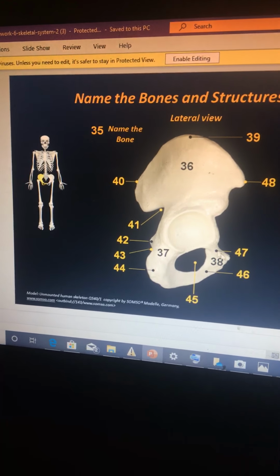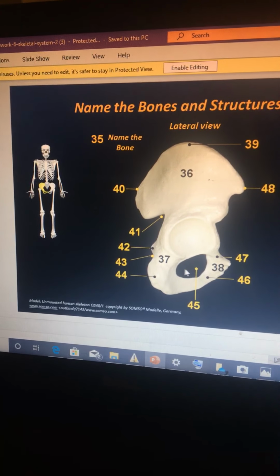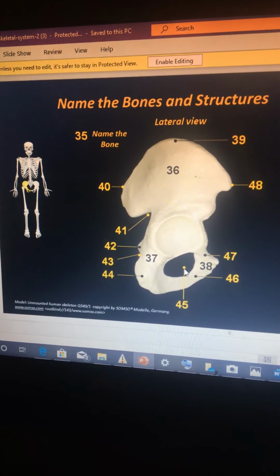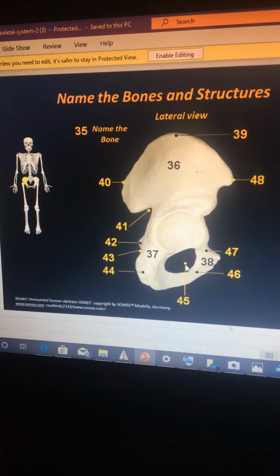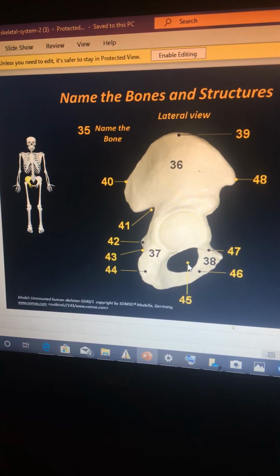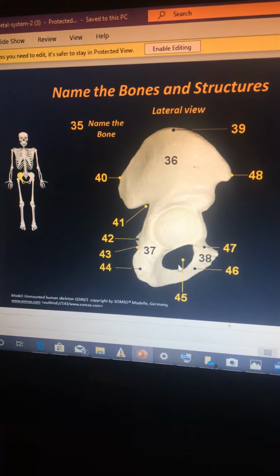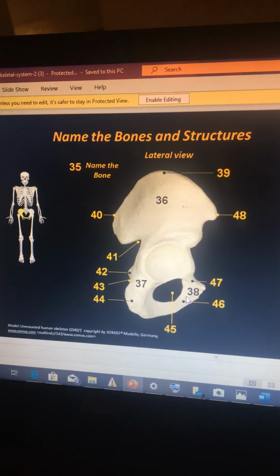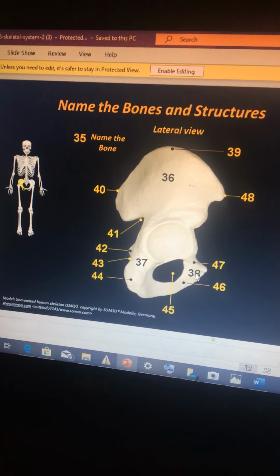Then 38, this part right here is the pubis. Right here is the obturator foramen, this hole. Then you have the inferior ramus of the pubis.